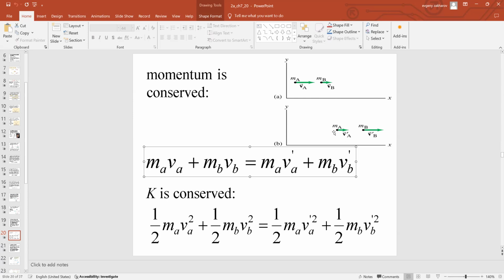Then the ball A hits the ball B, and they're still going in the positive direction, which is usually also not the case. You will have bounce back and negative direction for momentum. You have m_A v'_A plus m_B v'_B for the conservation of momentum.